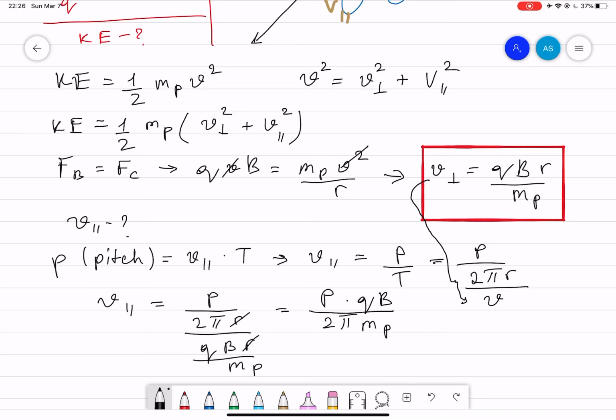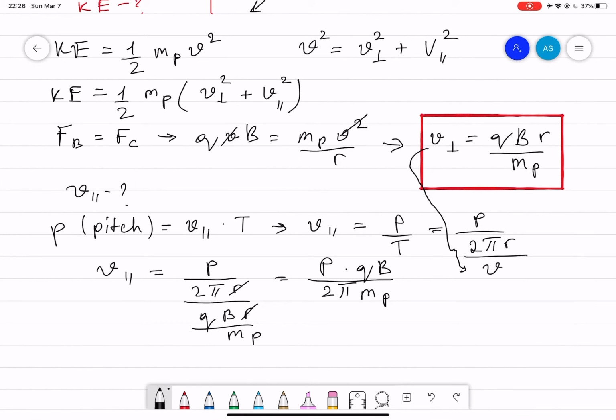Okay, I think so far so good. Now finally we got v parallel equal to the pitch multiplied by QB divided by 2 pi mass of the proton.